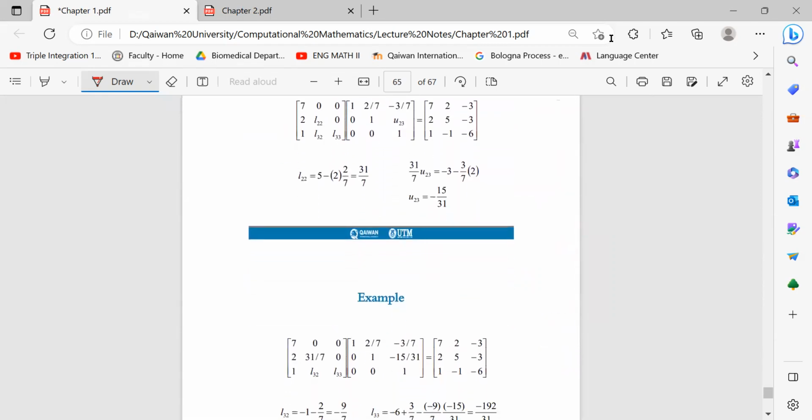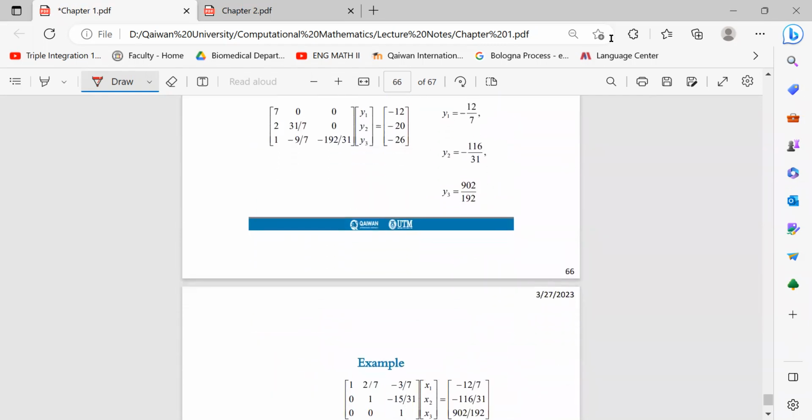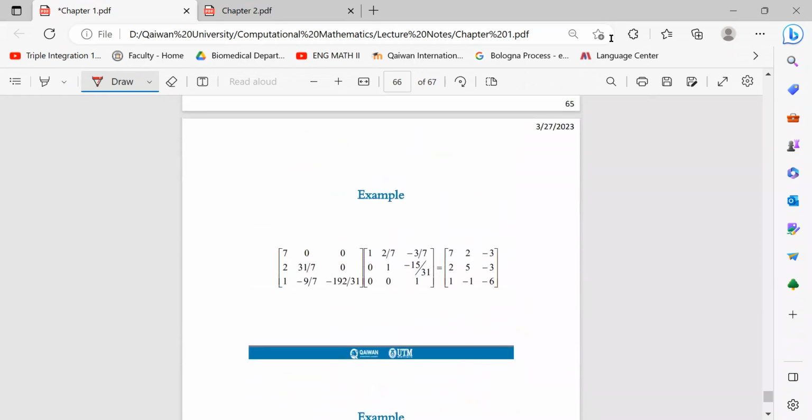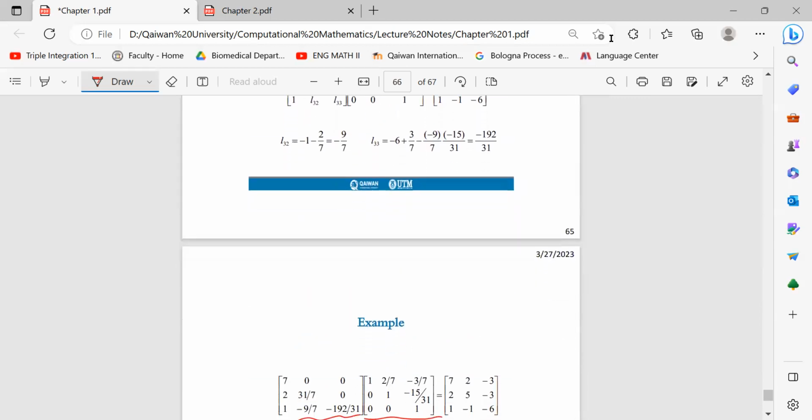Then for the other values, that's all. This is L, and that's U. It's the same procedure as the previous example, multiplying to get the values of U's and L's.